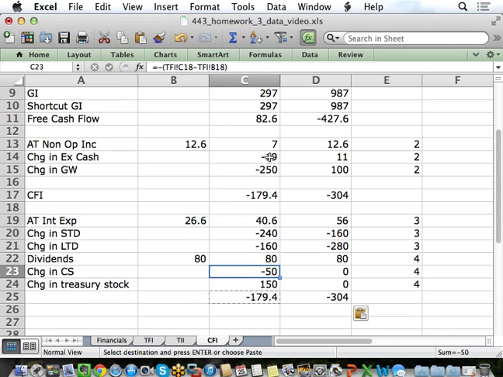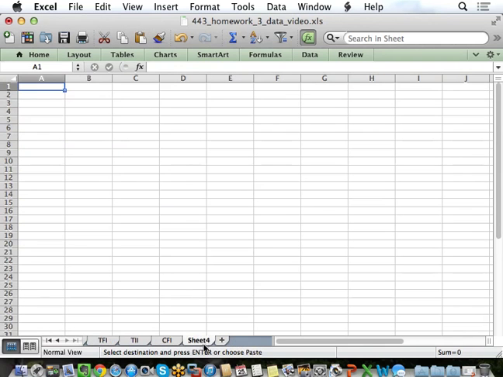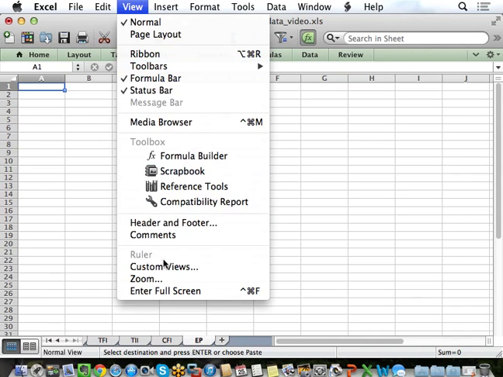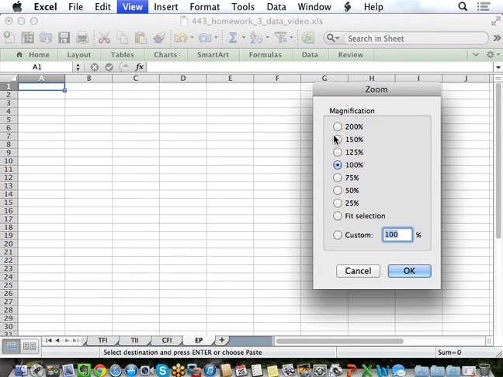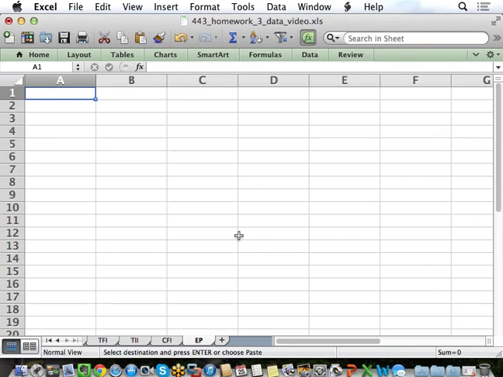Okay. All right, so one more quick statement. We had to do the economic profit and the ROIC. So I'll create a tab called EP. Change my zoom. Make it a little bit bigger so it's easier to see.